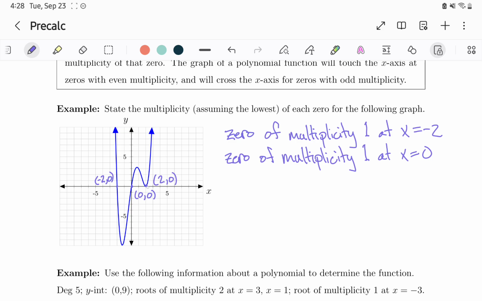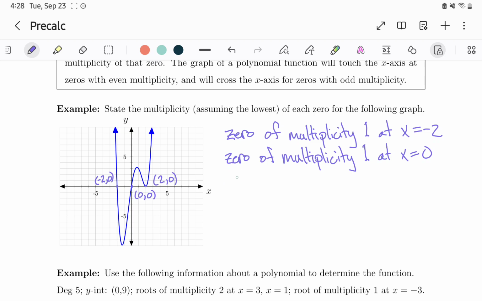Okay, and then continuing to our other 0. So for the 0 at x equals 2, well, the graph just touches the x-axis at x equals 2, but it doesn't cross it. So it intersects the x-axis, but it doesn't cross over to the other side. So to both the left and to the right of x equals 2, our graph is above the x-axis.